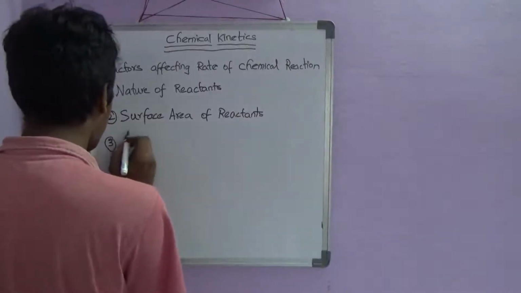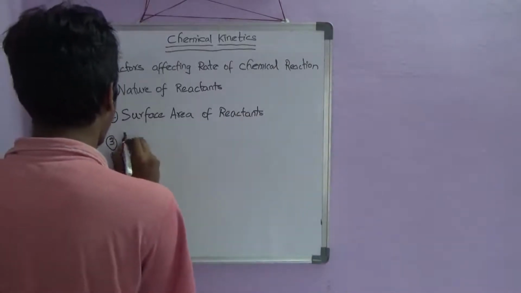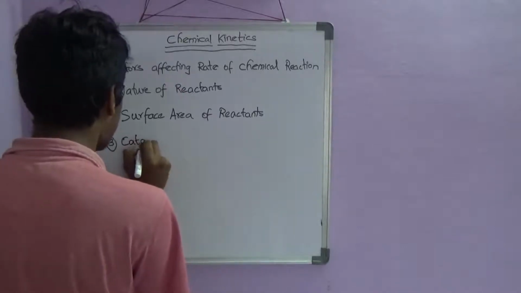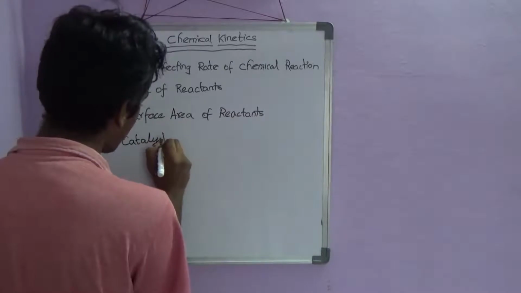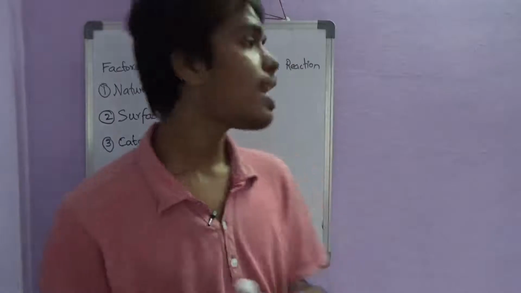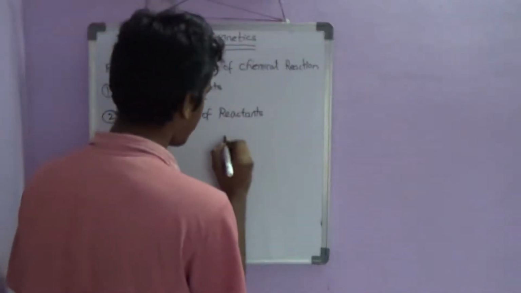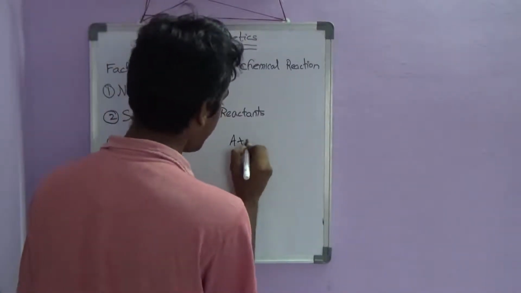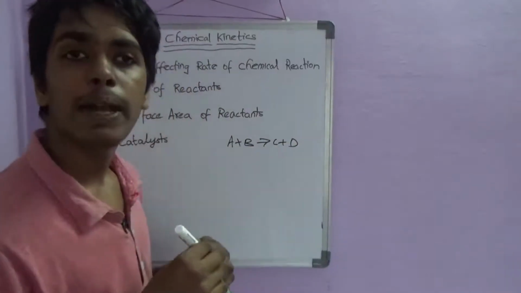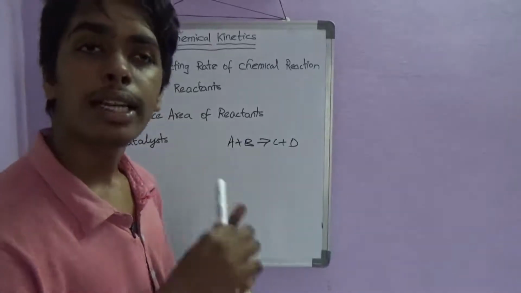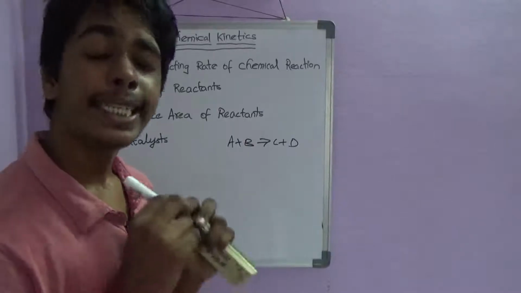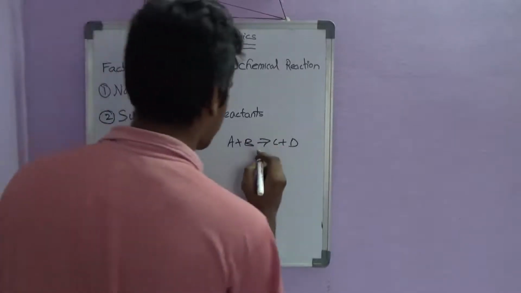Third, next, catalysts. If we take the reaction as A plus B gives rise to C plus D. If we perform this experiment without the presence of catalyst, it will take 10 minutes.